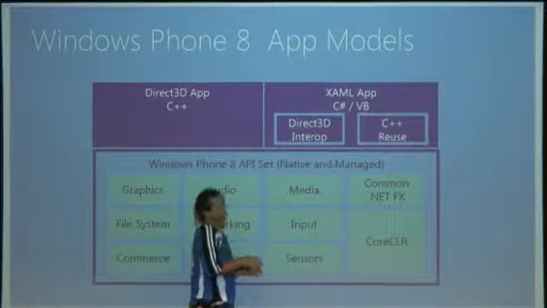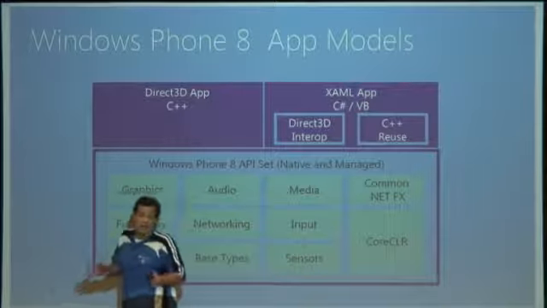So you have the same XAML application model that you had before, or I should say very, very similar. You were writing Silverlight apps before. That same code, all of those skills you have around building XAML apps and laying out XAML forms are still 100% supported on the phone.